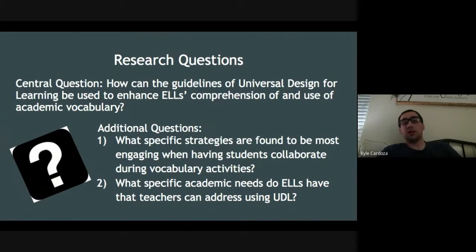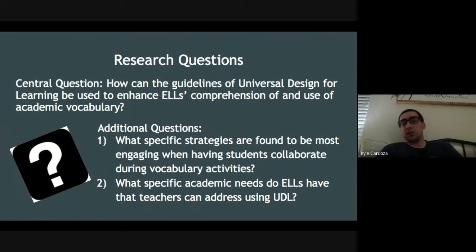The second thing is that, especially with engagement, I really think that student feedback is invaluable, and I like to use it not only in my classroom because I think it's important, but just in education altogether. And so I created a student survey that definitely helps me understand, okay, do students think that these strategies were a little bit more effective than, say, a traditional instruction style for vocabulary?